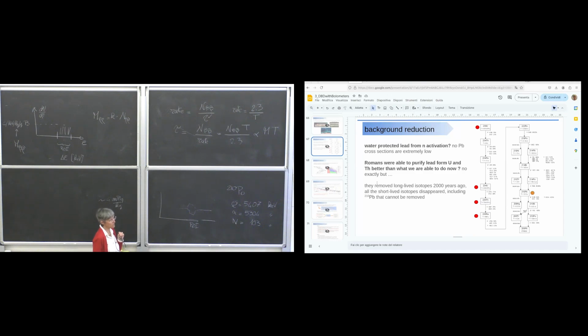So what happens in my lead when I have a decay, a beta emission of 1 MeV? I mean, the range of an electron of 1 MeV is nothing. My lead shield is a few centimeters thick, so I stop it.